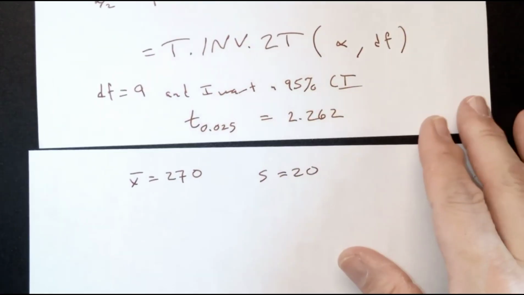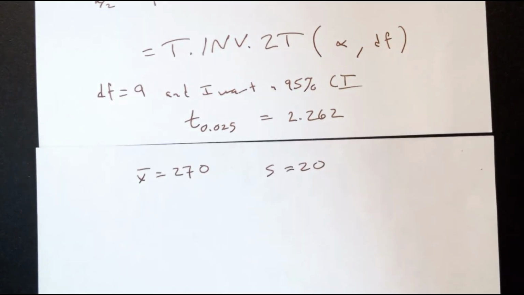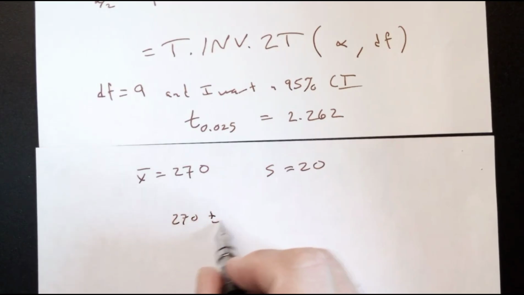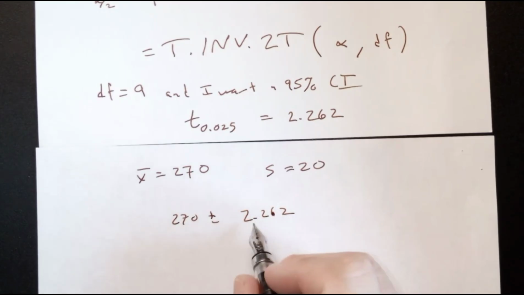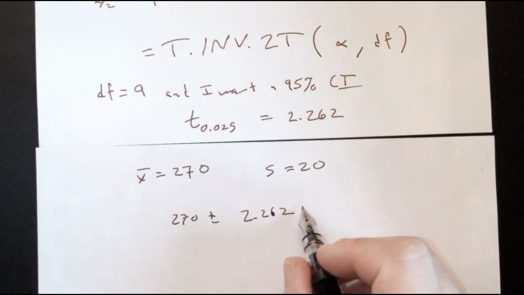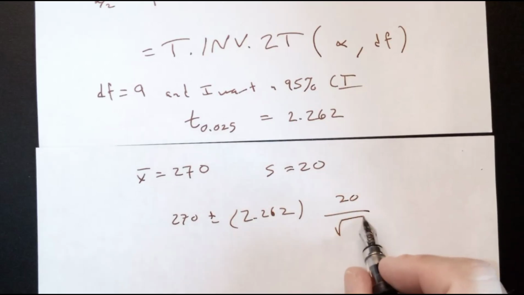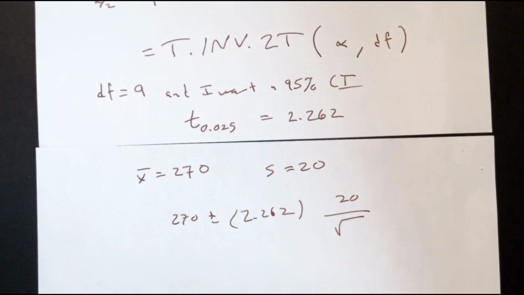So my margin of error is going to be 2.262, that's the t-value, times S over the square root of... I'm being sneaky here.